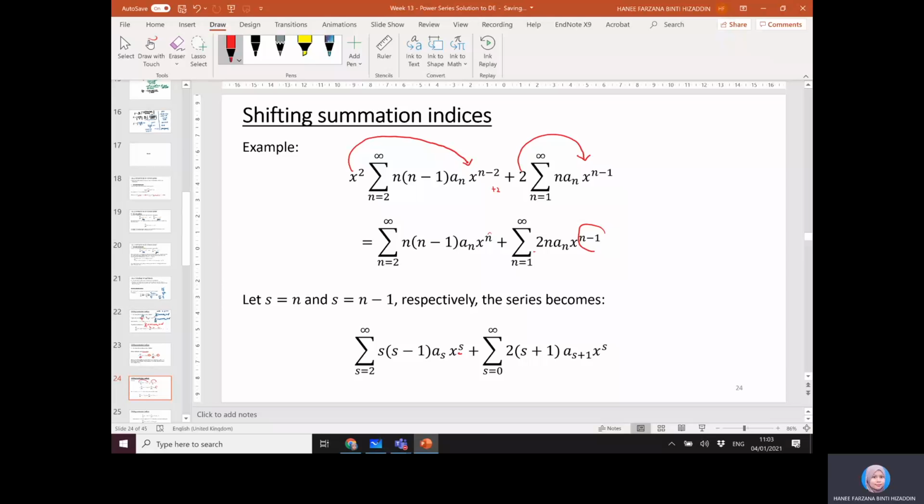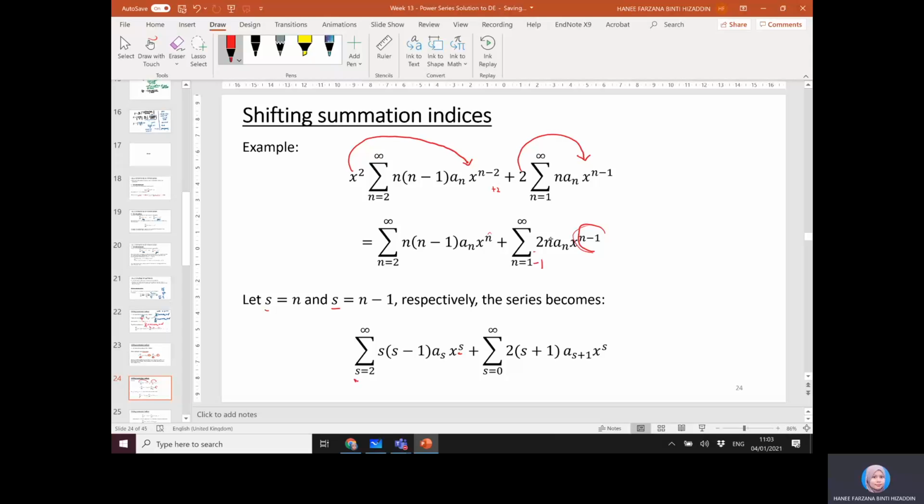So let's say you put s equals n, so just change all these n to s. So you have s times x to the power of s. But now you want to change this to become s. The long way is you substitute s equals n minus 1, or you can do the shortcut: at the bottom here you minus 1, so at the top everything must plus 1.